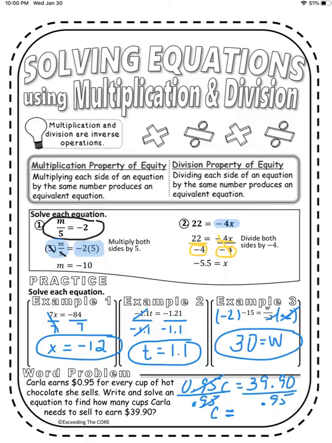How many 95 cents go into $39.90? You could use your calculator, and when you do the division, I get 42 cups. So she needs to sell 42 cups of hot chocolate to make $39.90.